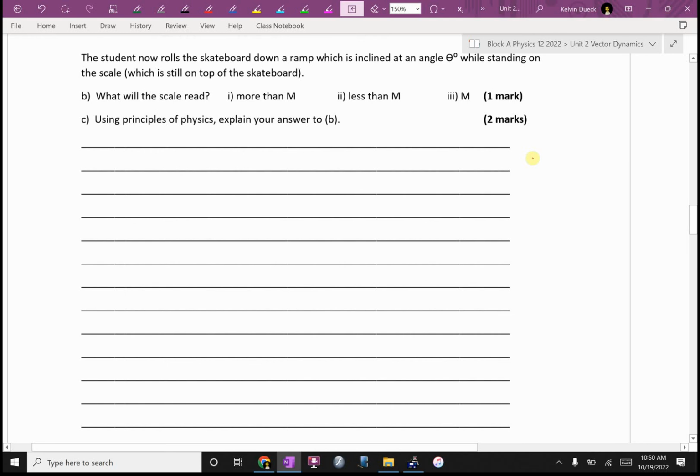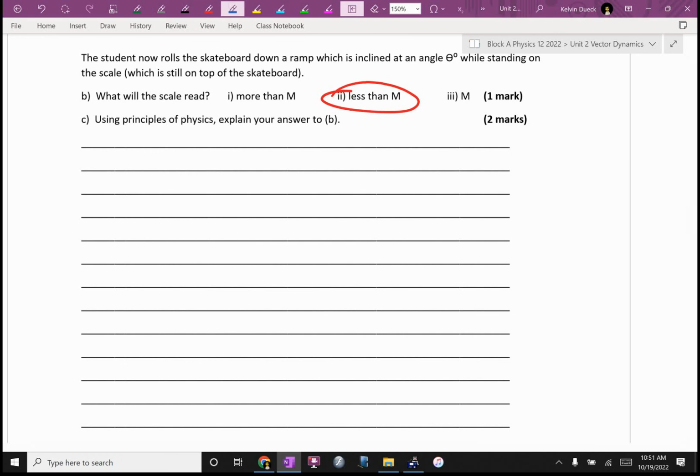What about B? More than M, less than M, or M? Convince me. Okay. Because it's mg, which trig function?